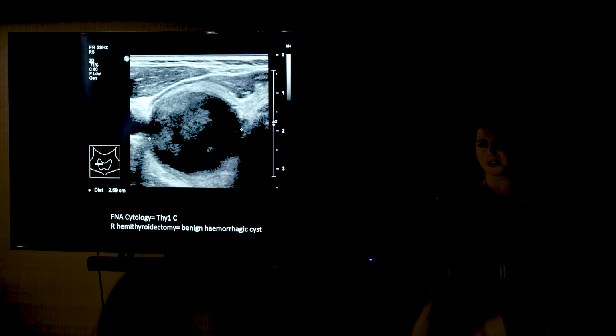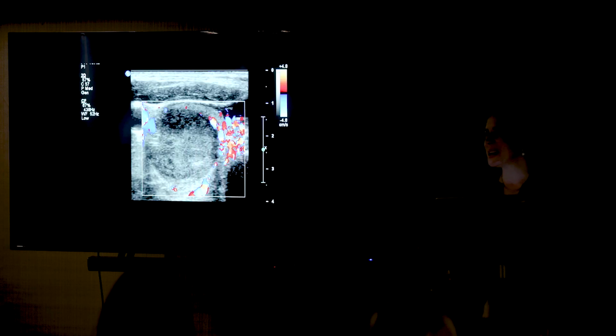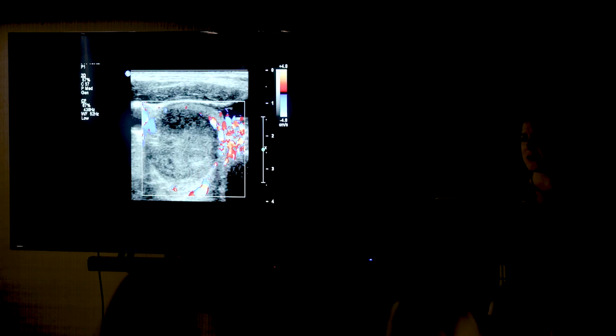Case 2. So this is an interesting one. So did anyone have any thoughts what this is? Borderline. Okay. Equivocal. Yeah. So morphologically, it's a U4, isn't it? But when you put the colour Doppler on, no matter how high you whack it up, there's no colour in.